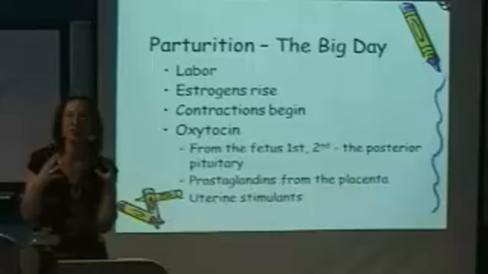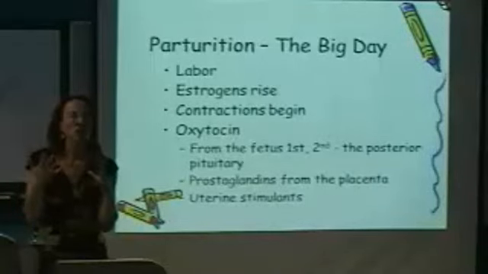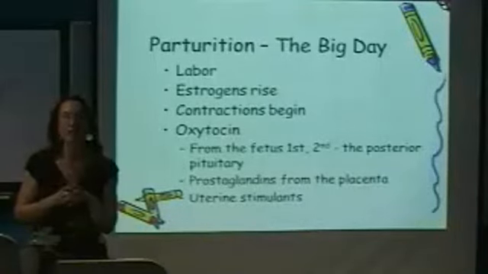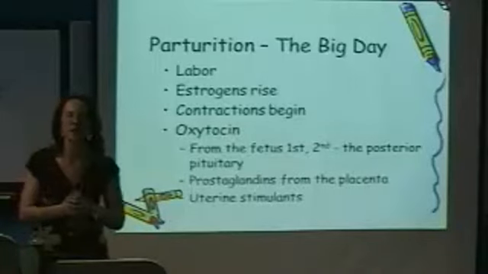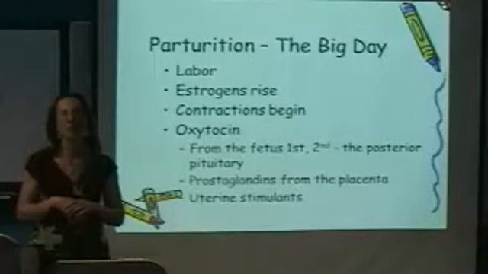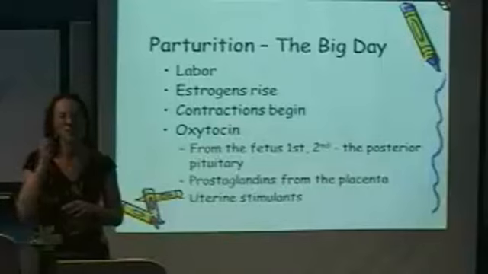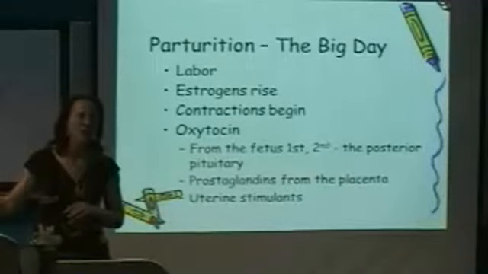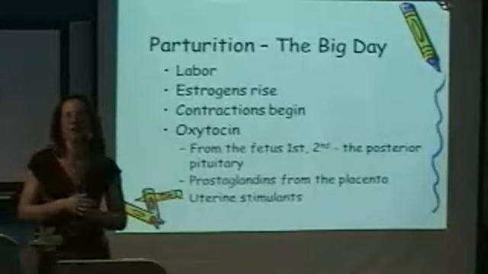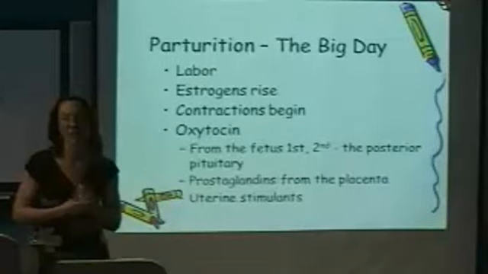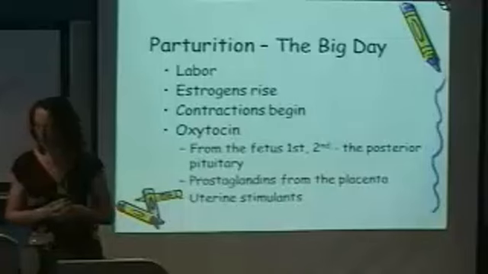Oxytocin will cause contractions of the uterine muscle. It'll also cause the release of prostaglandins, which also perpetuate the contractions of the uterine smooth muscle. Okay, so we've got estrogen peaking, the release of oxytocin from both the fetus and the mother, causing those contractions to begin.